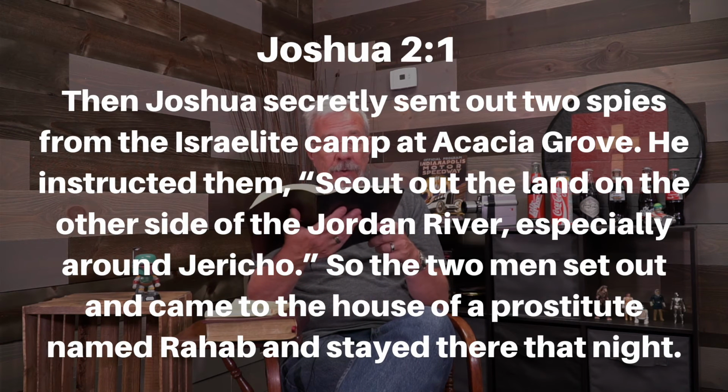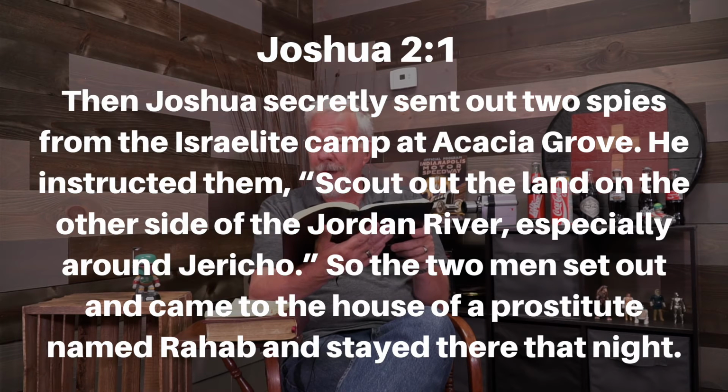Joshua secretly sent out 2 spies from the Israelite camp at Acacia Grove. He instructed them, scout out the land on the other side of the Jordan River, and especially around Jericho. So the 2 men set out and came to the house of a prostitute named Rahab and stayed there that night.